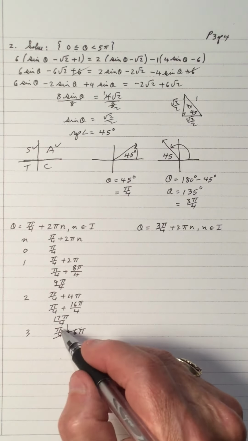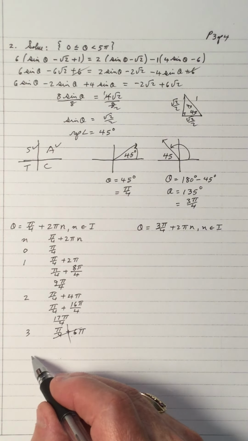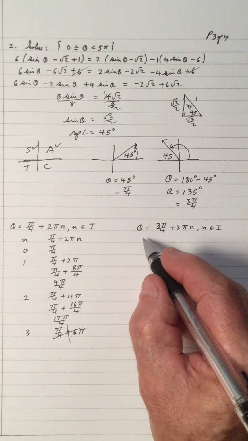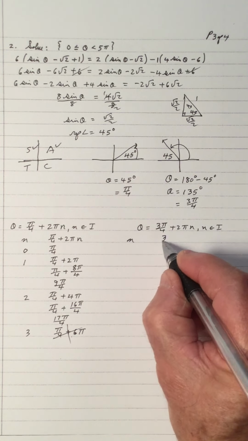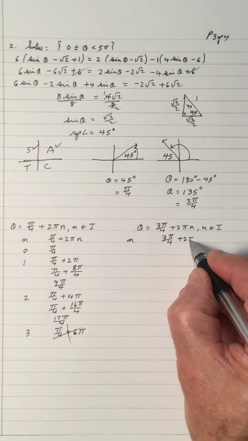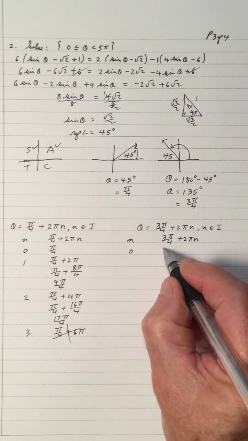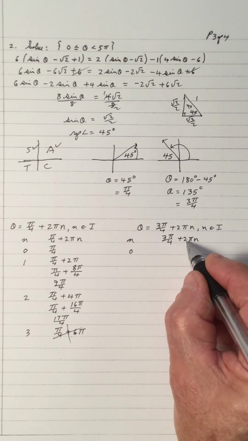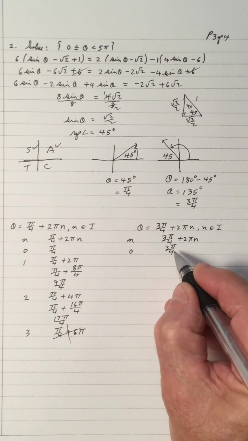Okay, we have these worked out, and notice we have no negative, so we don't have to try negative 1 or negative 2. So let's work on this one. So again, n, and 3 pi over 4 plus 2 pi n. Again, 0, so we put a 0 in. 2 pi times 0 is 0, so we get 3 pi over 4.